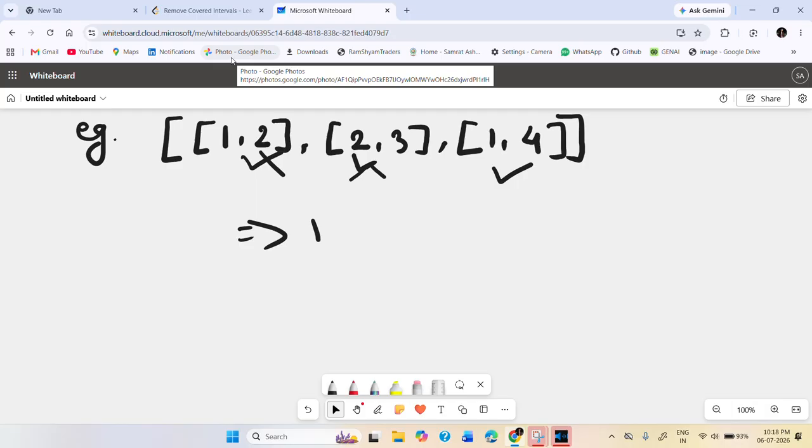So how can we solve this problem? You can think that we sort the given array in ascending order of its first value.